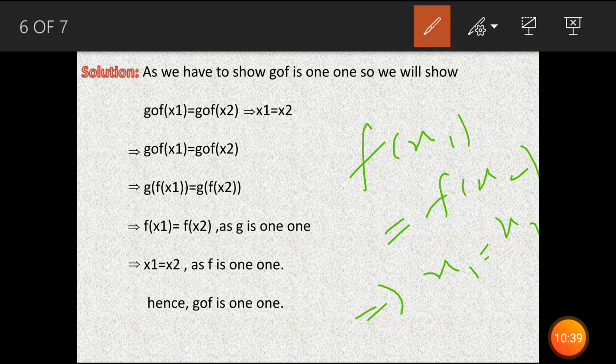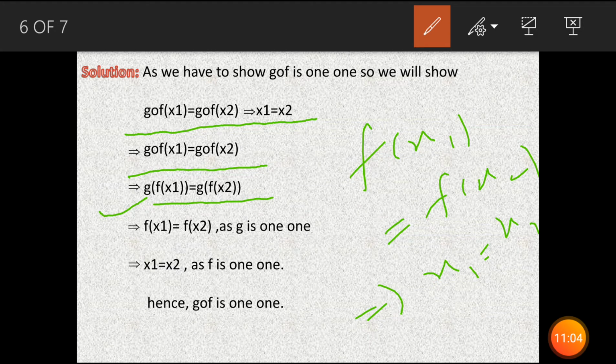Just remember this definition. As we have to prove it for the GOF function, we have to show GOF of x1 equals GOF of x2 implies that x1 equals x2. So our condition is GOF of x1 equals GOF of x2. According to the definition of composition of functions, we can write g of f(x1) equals g of f(x2).